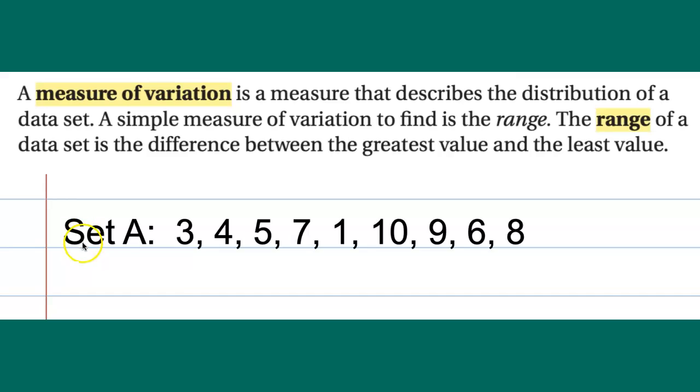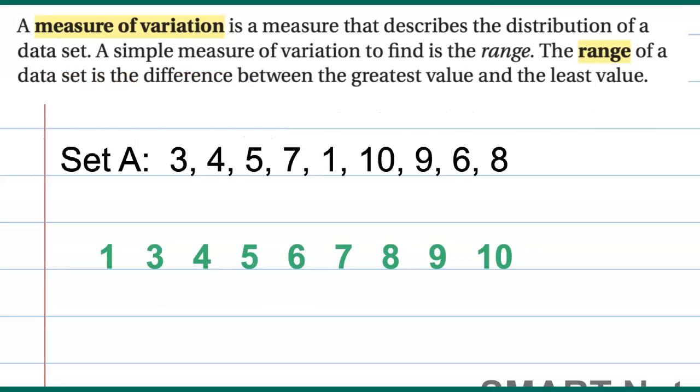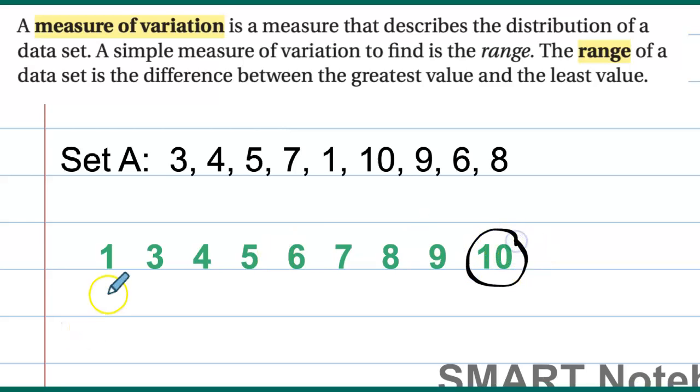So let's say you have set A: 3, 4, 5, 7, 1, 10, 9, 6, and 8. You don't really need to arrange this in order to find the range, because you just have to look at what's the highest and what's the lowest. But I'm going to arrange it anyway, so you can see clearly the highest number and the lowest number. In this case, we have 10 as our highest number and 1 as our lowest number.